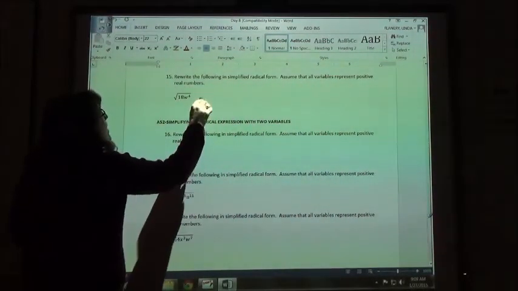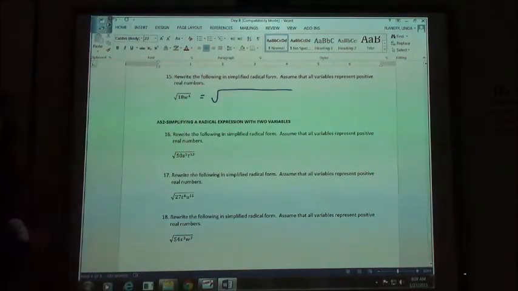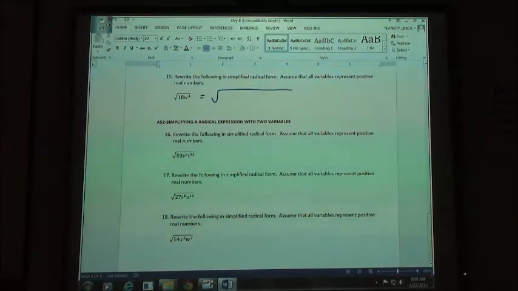So number 15 here, we want to do 18w to the 4th. The 18 again is not a perfect square, but we can factor it. What should we factor 18 into?